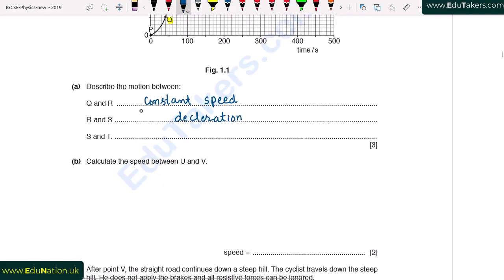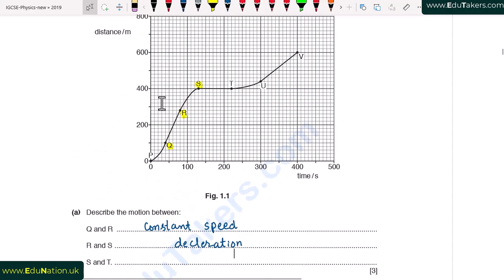Next part is S and T. Here S is this point while T is this point, and it is a straight line that is parallel to the time axis. So here we can see that time passes but the distance remains the same. The time between 160 and 240.